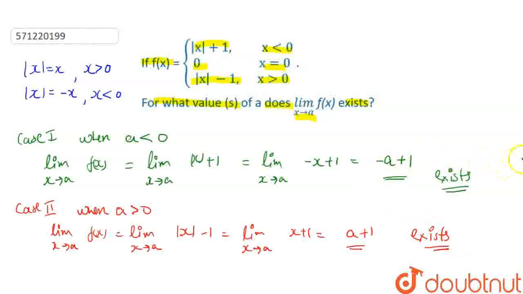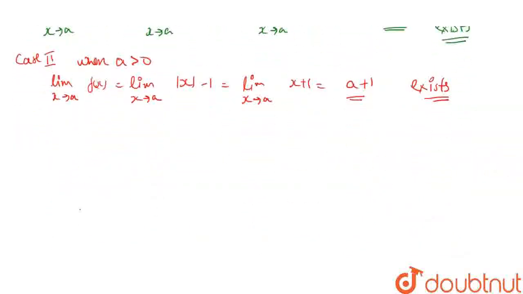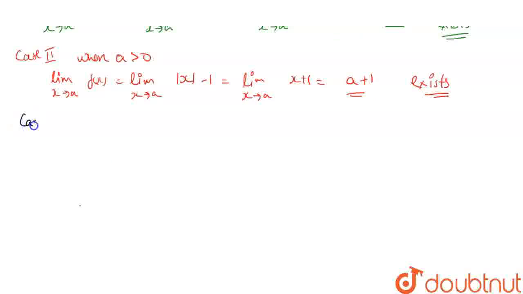Now third case will be when a is equal to 0. So that means left hand limit should be equal to right hand limit.